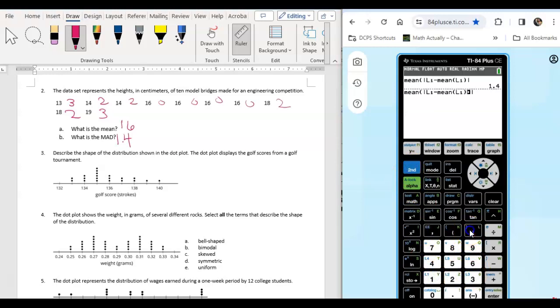And what this is doing is subtracting every value of the list minus the mean of that list, right? Minus the average of the list. So it's just calculating.